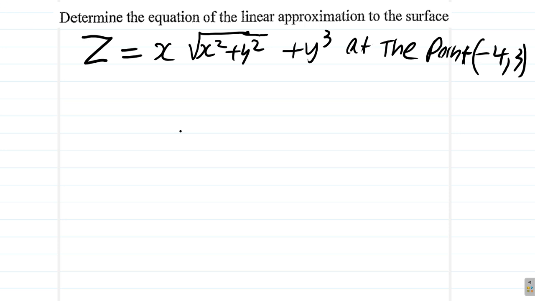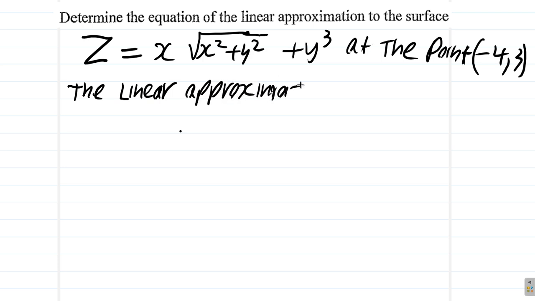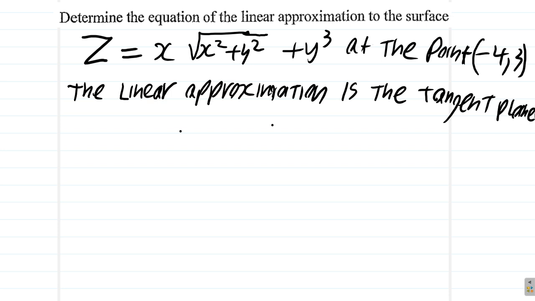Now remember, when they talk about linear approximation, it is the tangent plane.